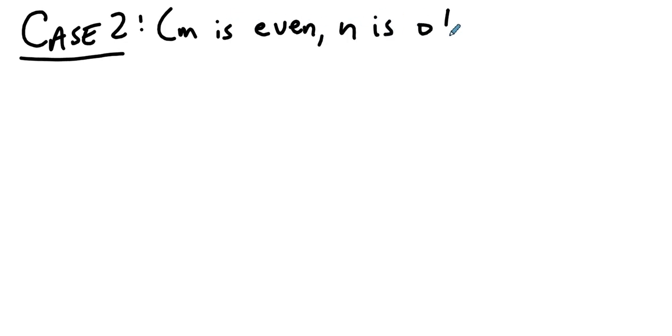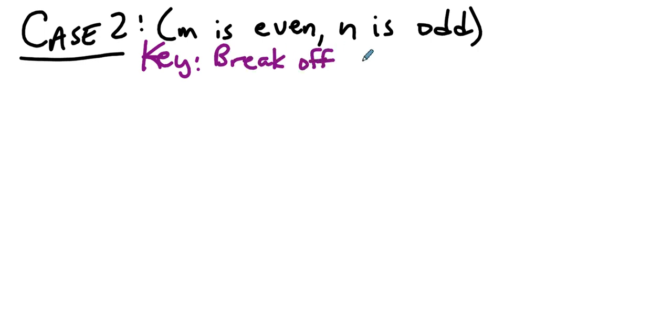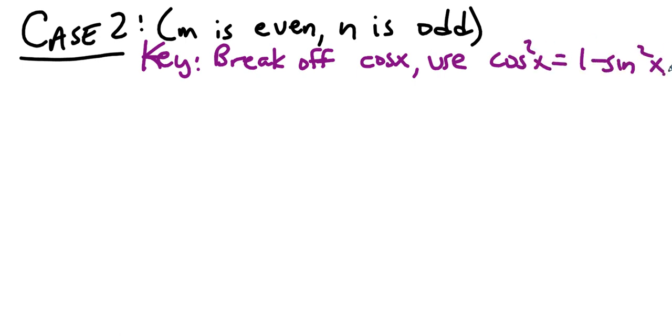So what if the power on m, the power on sine, is even, but the power on cosine is odd? Well, in this case, the key is to break off a cosine x and use the fact that cosine squared x is 1 minus sine squared x.